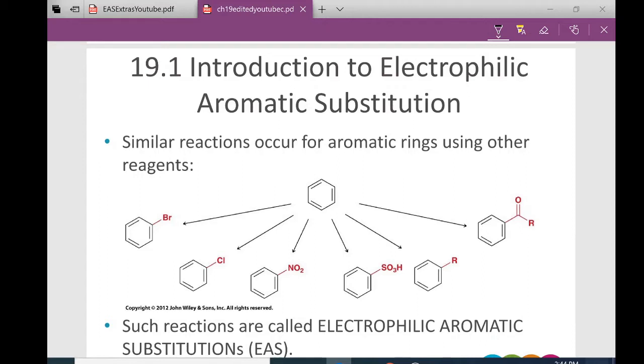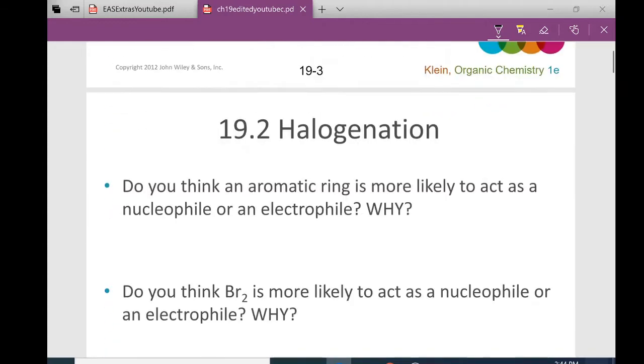So we're going to learn the reagents required to effect each one of these transformations. Basically they're pretty simple for bromine, chlorine, nitro, or sulfonyl, but when we get to the alkyl and acyl group, then we're going to see that gets a little bit more complicated, especially the alkyl.